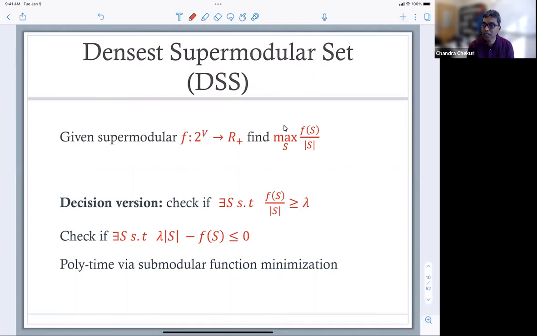And you can check if there is such a set by appealing to submodular set function minimization, which is polytime solvable. So one reason why densest subgraph is solvable in polynomial time is because of this, but this also shows that any densest supermodular set problem is solvable in polynomial time, and this is well known in the literature.